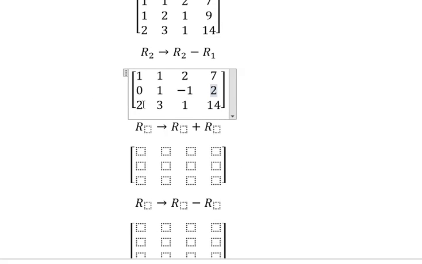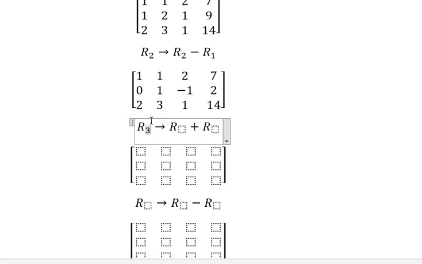So remember, I'd suggested that my next good place to start was to make this value here a 0 using the first row. So that's row 3, and that's going to become row 3 minus. Now I'm going to use row 1 to do that, but if I just take row 1 away, it's going to be 2 minus 1. So I'm going to take 2 lots of row 1 away.